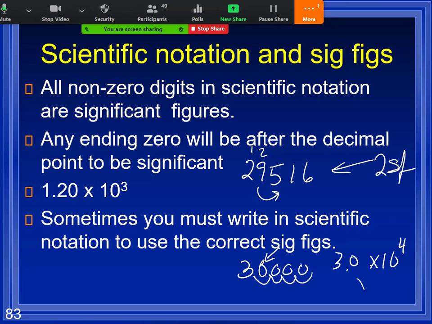Notice the 0 goes after the decimal point where it counts. And that's where it's got to go every time. It's got to go after the decimal point because you can't start with a 0. Because if you start at 0.15, you wouldn't be between 1 and 10. So the 0 will never be in front. So zeros will always count in scientific notation.